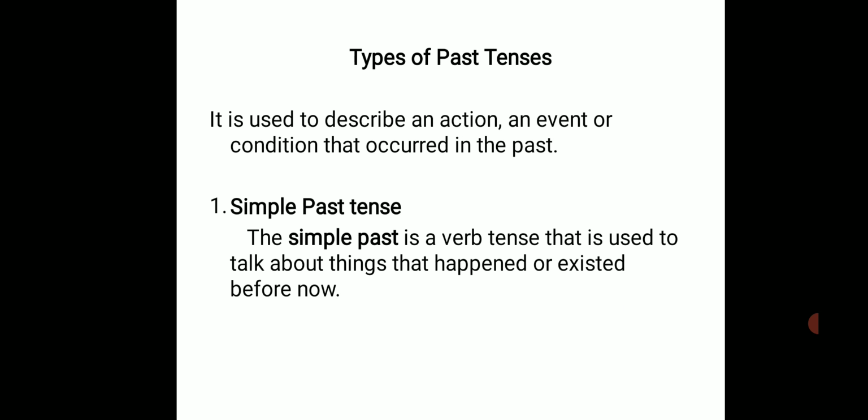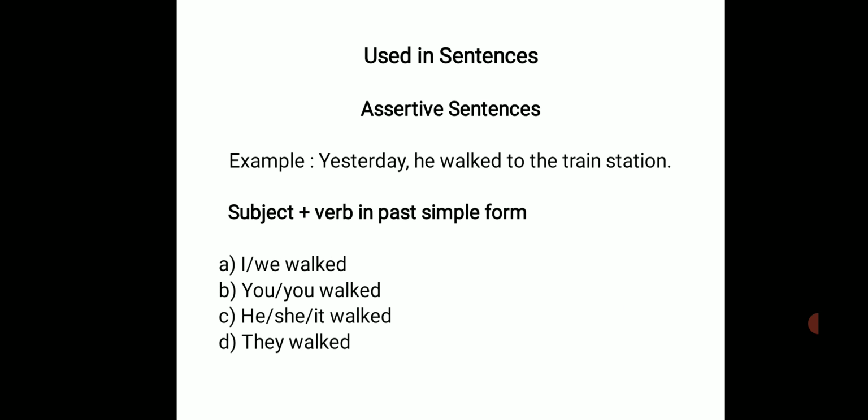Now when we want to state an action that is complete, without referring to how, when, or for how long, we can use simple past. Simple past is a verb tense that is used to talk about things that happened or existed before, not now, before.